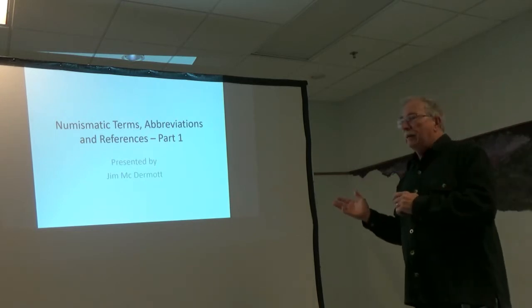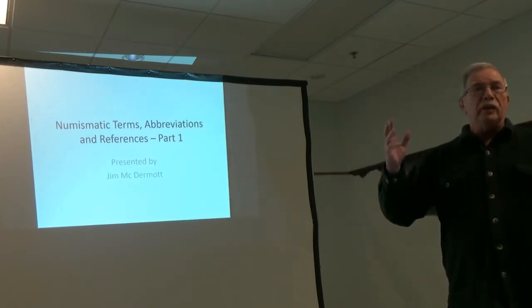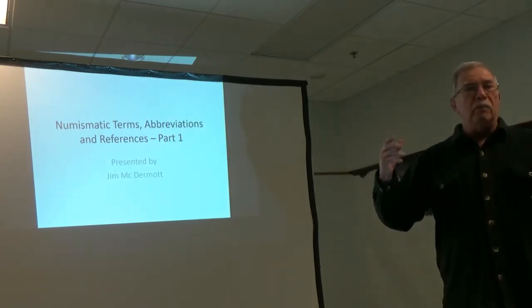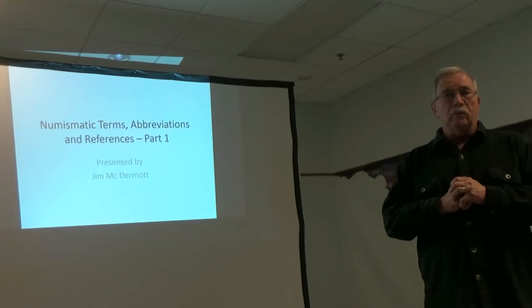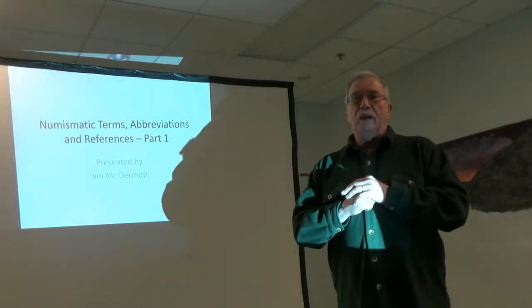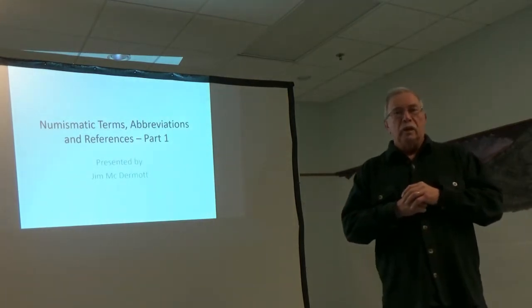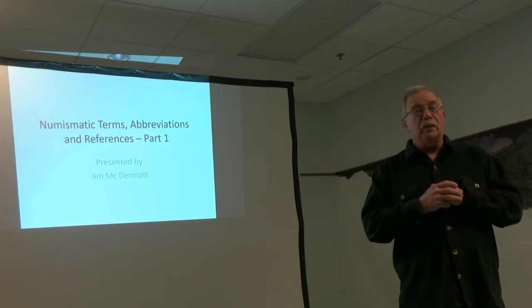But I want to give you a hint. The first slide will be abbreviations of something, so you have to tell me what it stands for and what particular coin or currency it belongs to. I've done this twice. At the first club, there was only one they couldn't get, and at Westchester they were able to get them all.